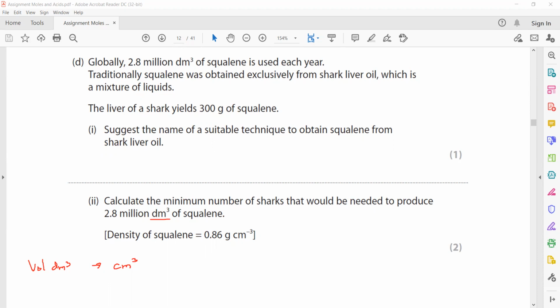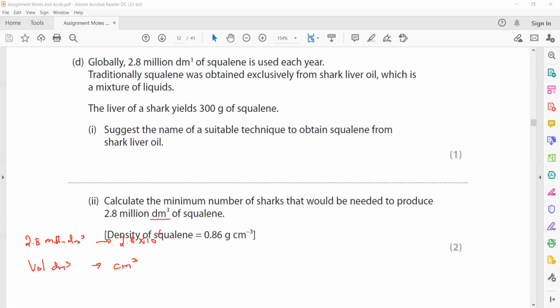So 2.8 million dm cube to cm cube. Yeah, we'll multiply by 1000. So 2.8 million dm cube means 2.8 into 10 to the power 6.